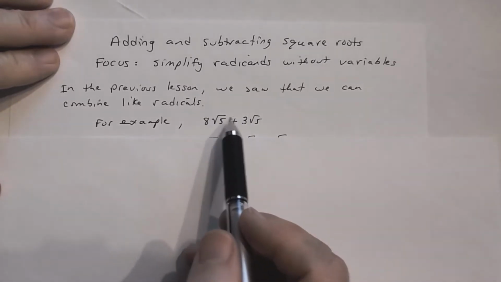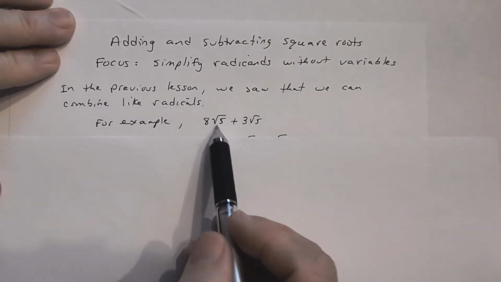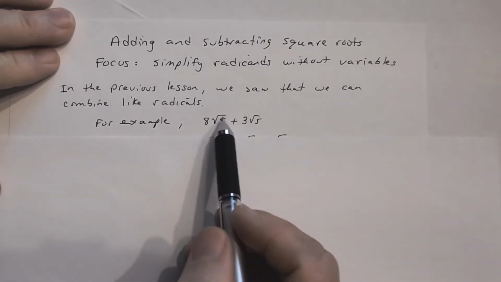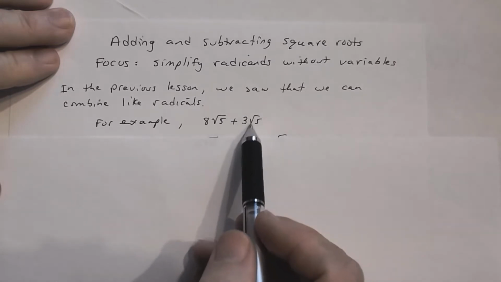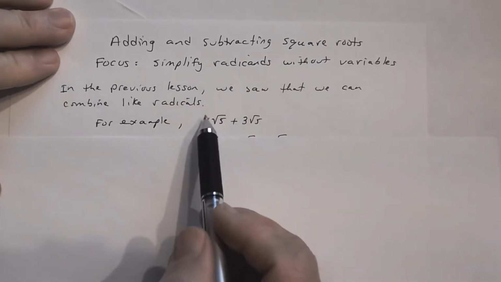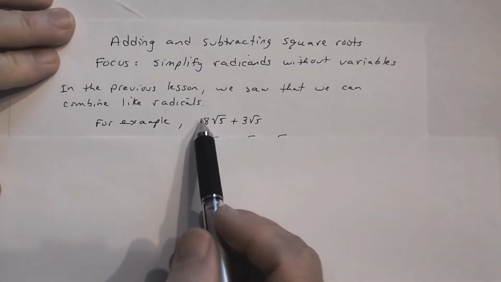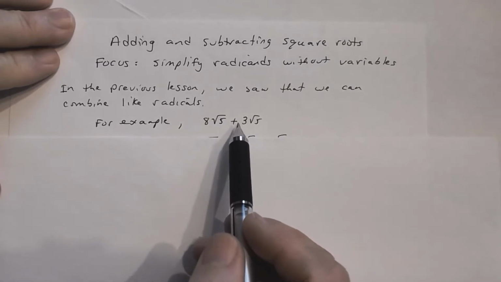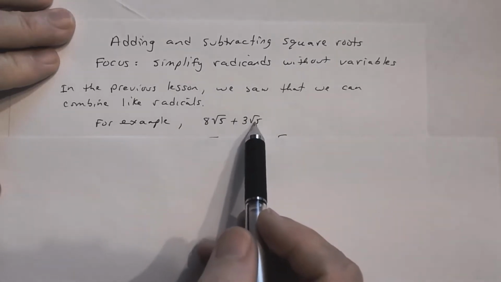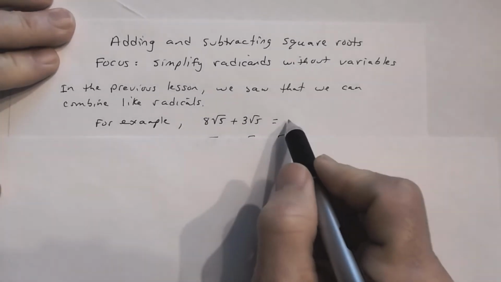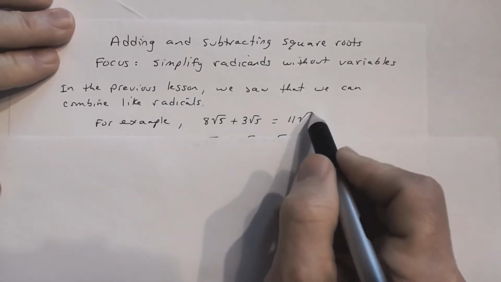The index here are both 2. And the radicands are the same. In both cases, the radicand is 5. So just like when you combine terms that had variables in them, you would say I have 8 of these square root of 5s plus another 3 of these square root of 5. So altogether, I have 11 square root of 5.